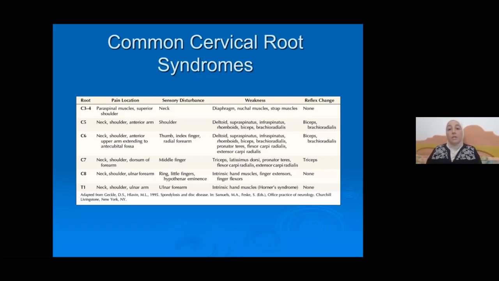The affection is in the intrinsic hand muscles, and for C8, it's in the finger extensors and finger flexors, with a possibility of Horner's syndrome in T1 affection. Sensory disturbance is in the ring and little finger and hypothenar eminence in C8 affection, and in T1 it is in the ulnar forearm.